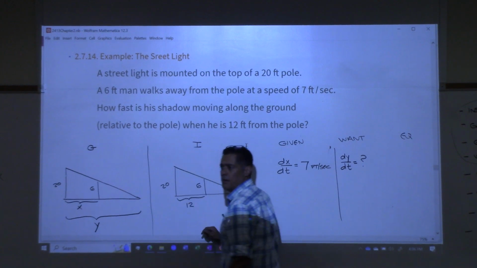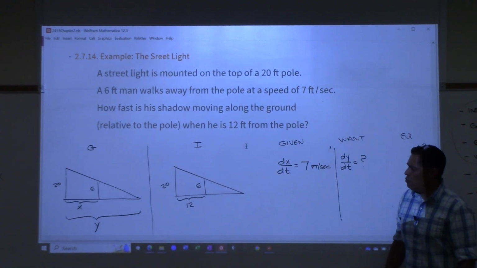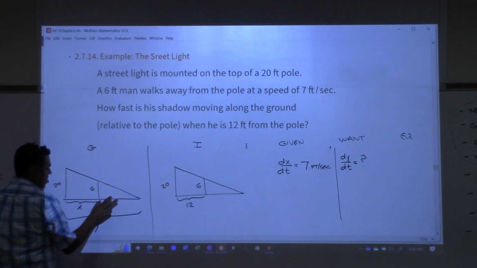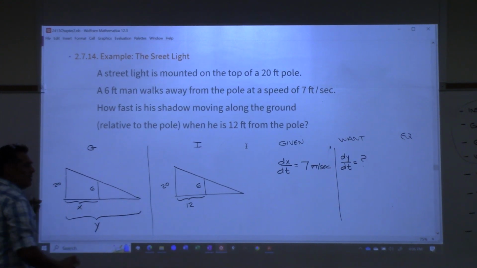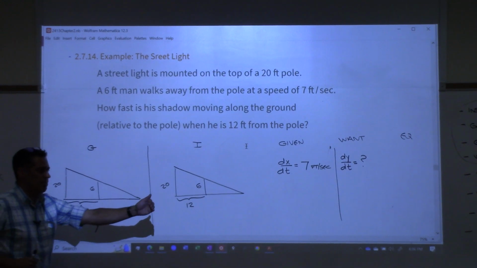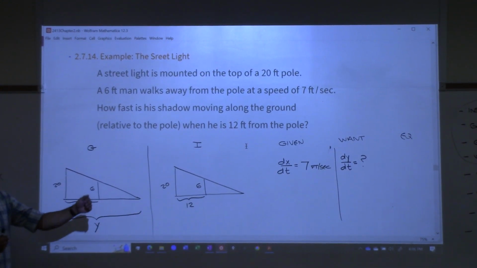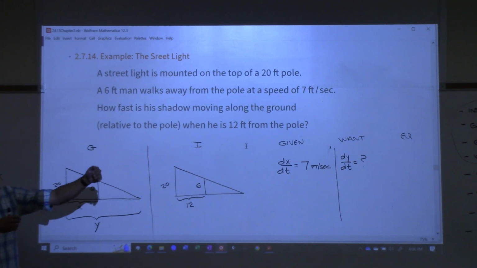That would be y. If you call y the distance from the man to the shadow, then you're getting the speed of the shadow relative to the man. See, the man's moving, right? And his shadow is moving away from him at a certain speed. But relative to someone standing at the pole, it's his speed plus the shadow speed.